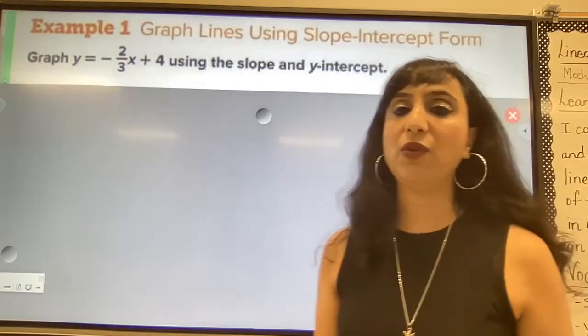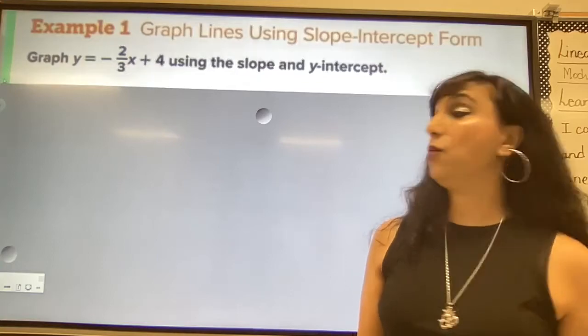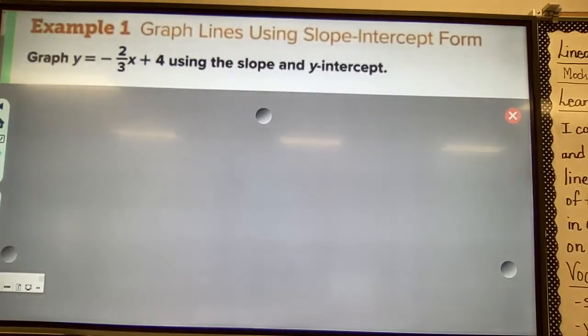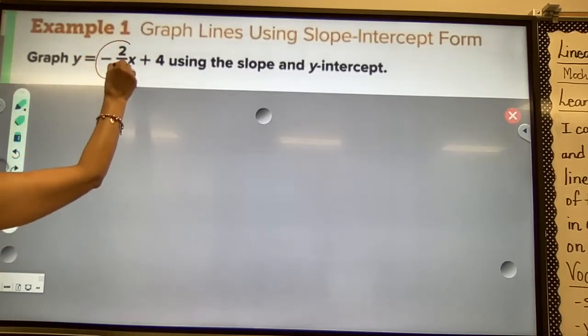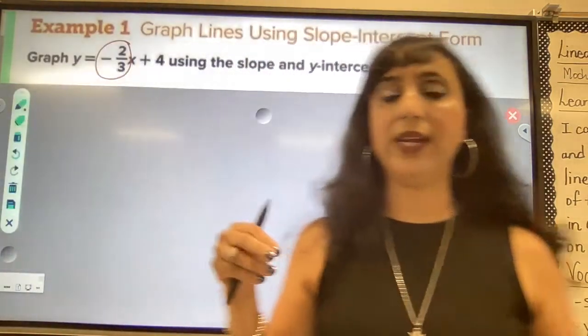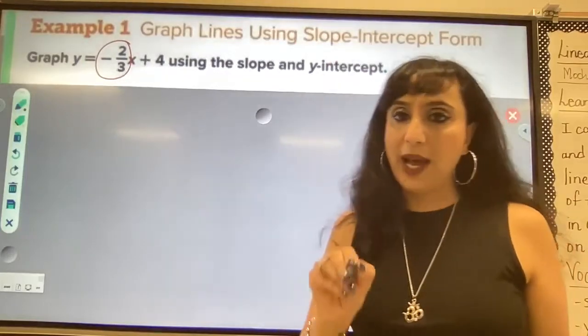So first thing, we have to identify the slope, and we have to identify the y-intercept. Okay, so if I begin with that, my slope is going to be a downward slope because it's saying negative, so it's going downwards. Okay, so we have 2 down and 3.